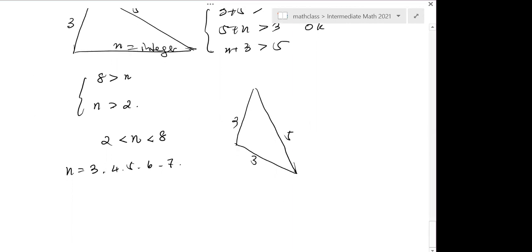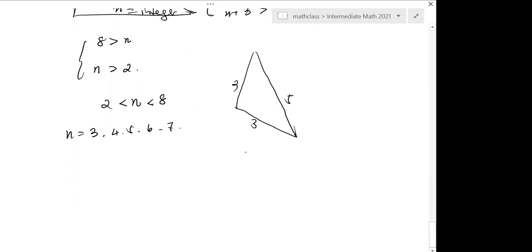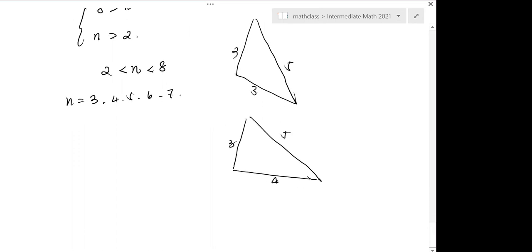Then when n equals 4, I think it looks like that. I'm not sure which one is larger, right? And n equals 5, then you get an isosceles triangle again, right?